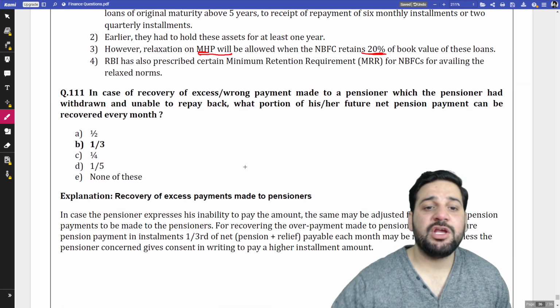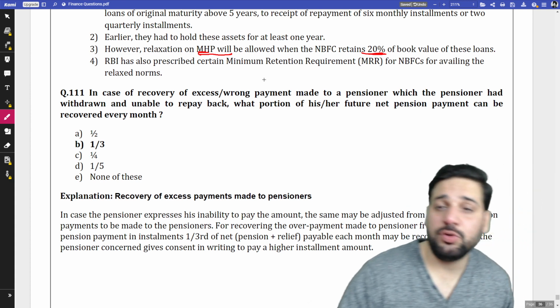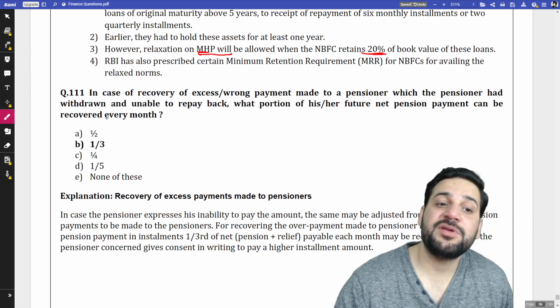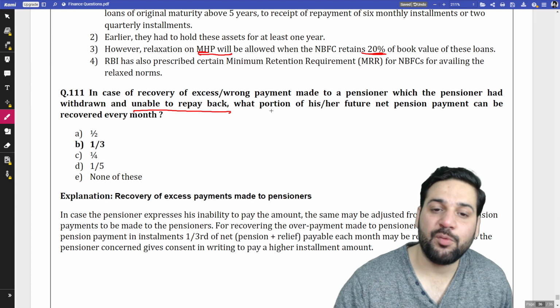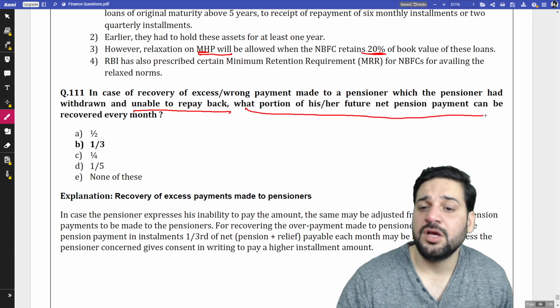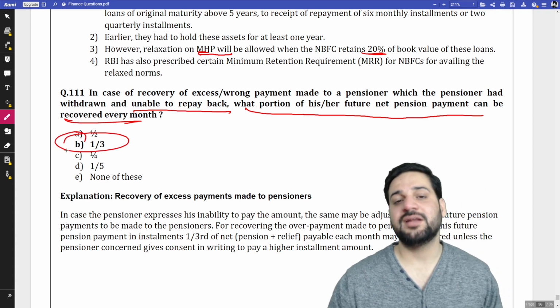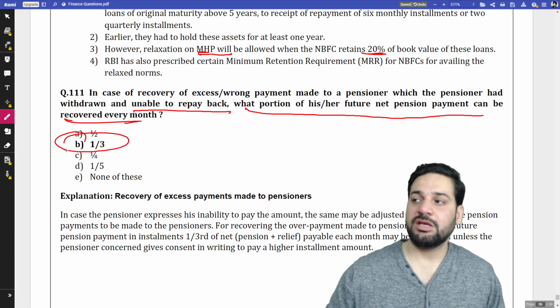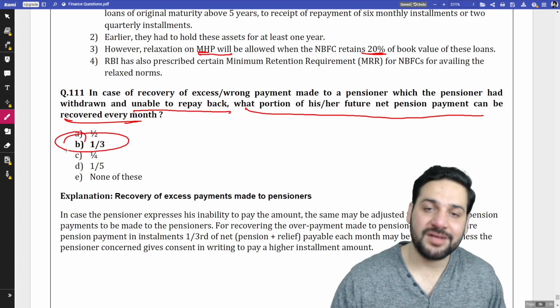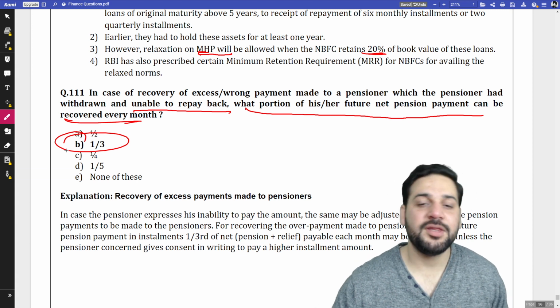In case of recovery of excess or wrong payment made to pensioners, which the pensioner has withdrawn and is unable to repay, what portion of the future net payment can be recovered every month? 1/3 only. There is a limit. Suppose a pensioner got 1 lakh rupees in his account, and he thought Modi ji gave him 1 lakh out of the 15 lakh.